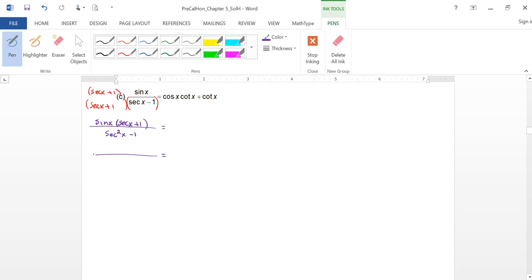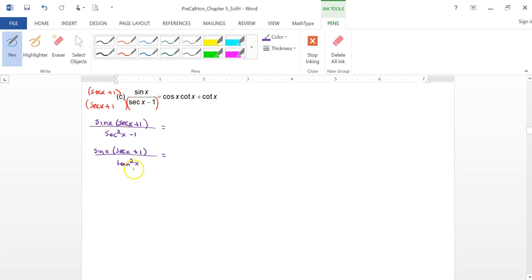Remember, cosecant and cotangent are together. Secant and tangent are together. Secant, tangent, cosecant, cotangent in the Pythagorean identity. So this is going to be tangent squared x. Now, I have a sine of x here and a tangent on the bottom.